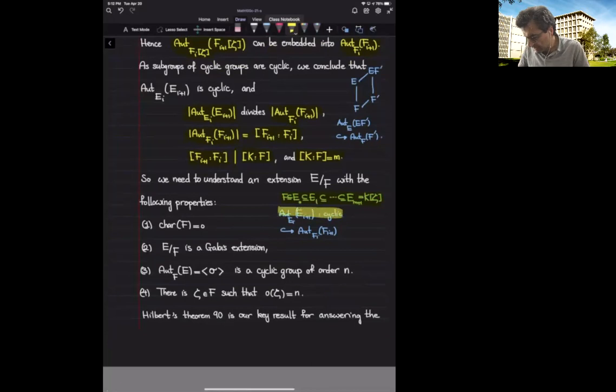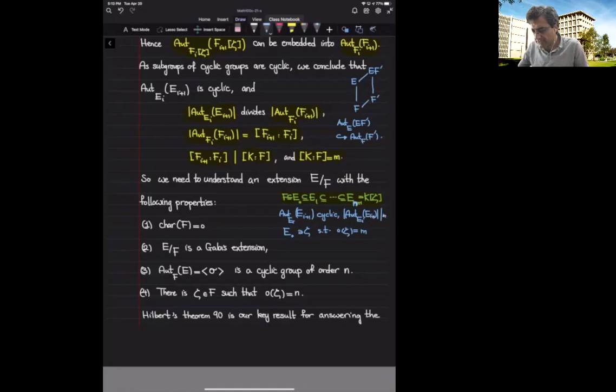Every block in this tower is a cyclic extension, and the cardinality of this cyclic extension divides M. Here E naught contains zeta such that the order of zeta is M, and each of the other extensions is cyclic and its cardinality divides M.